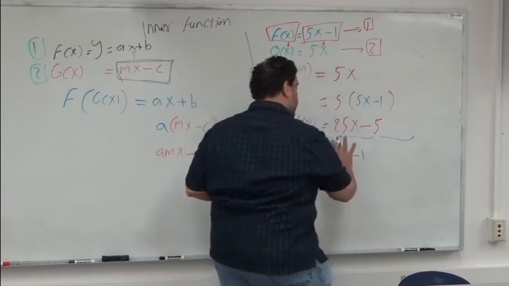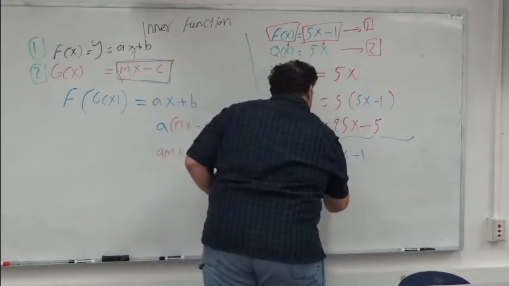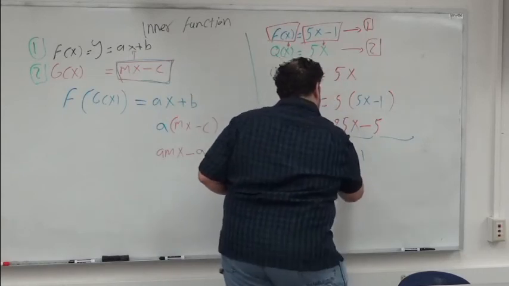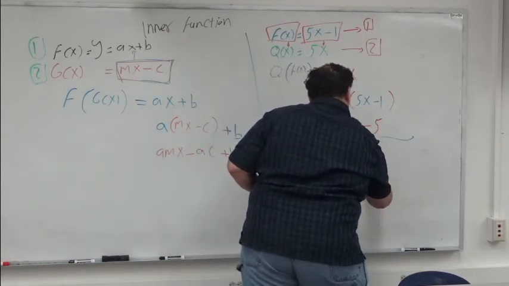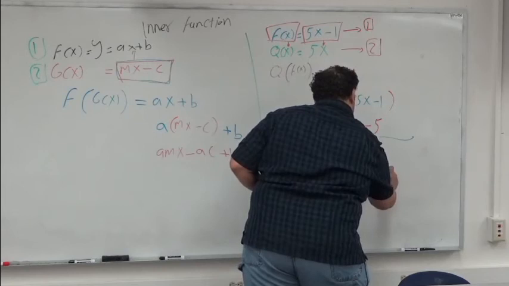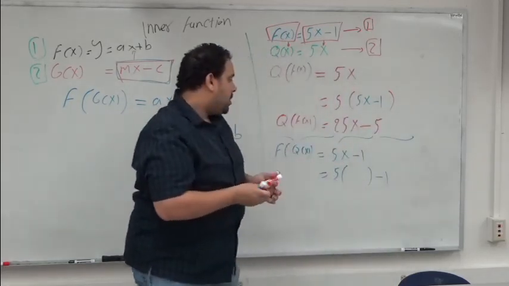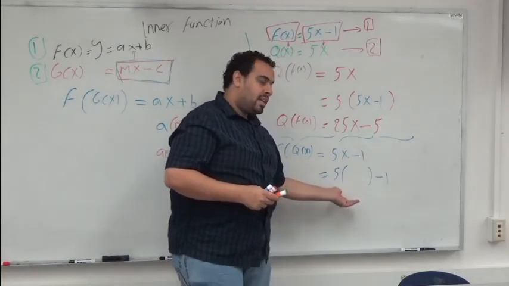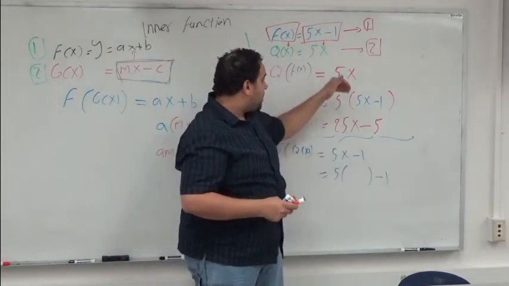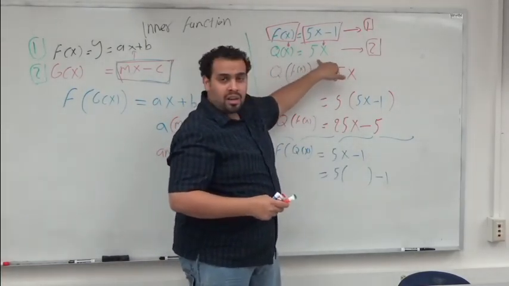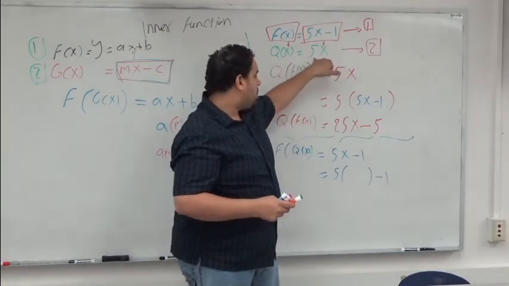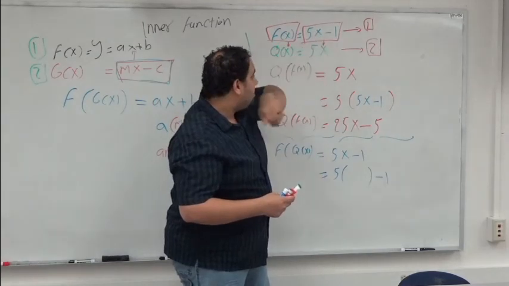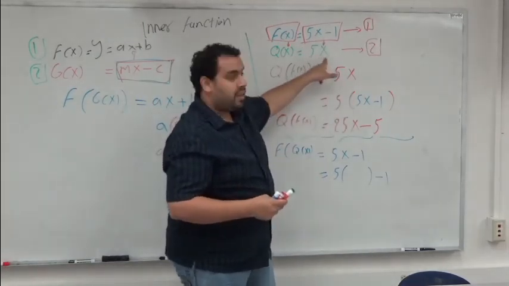It's equal 5x minus 1. Then the following step, equal 5, replacing x, so I'm putting parentheses, then minus 1. What happened? You just rewrite the whole equation again without x. Why without x? Because now we're replacing x with the other function, which is 5x only. So right now, I'm replacing this x with 5x.